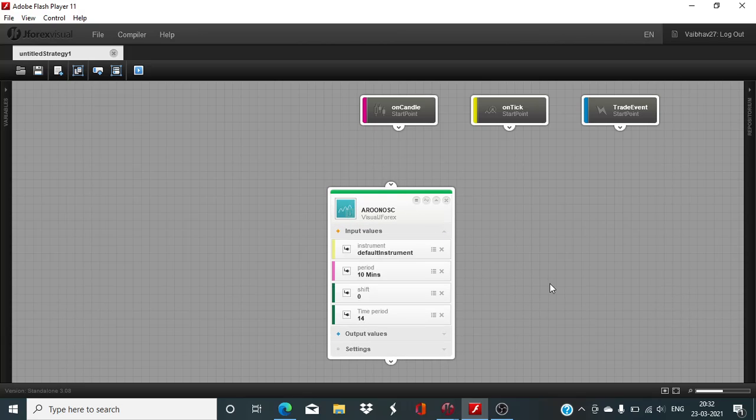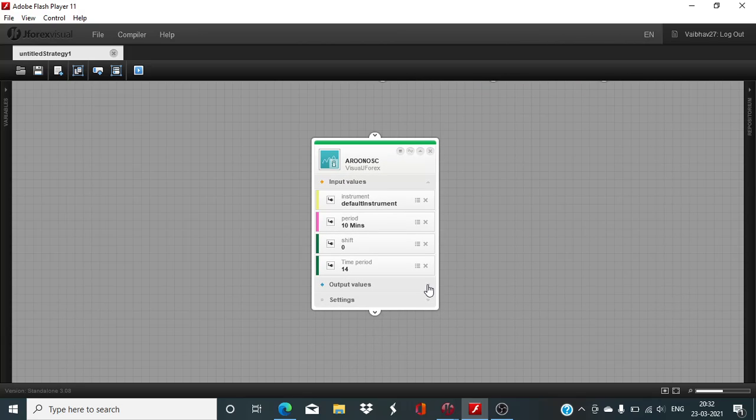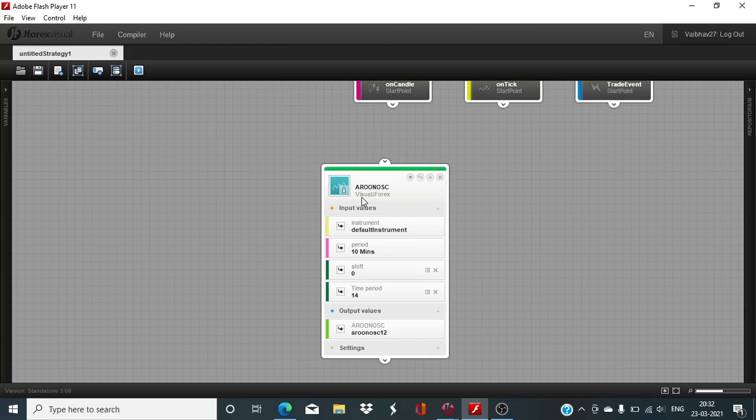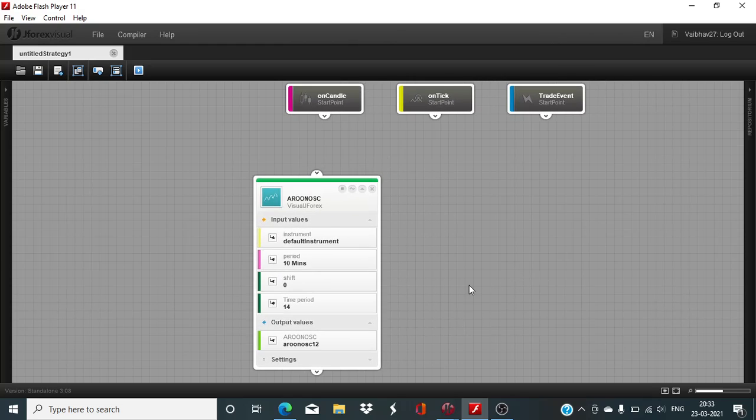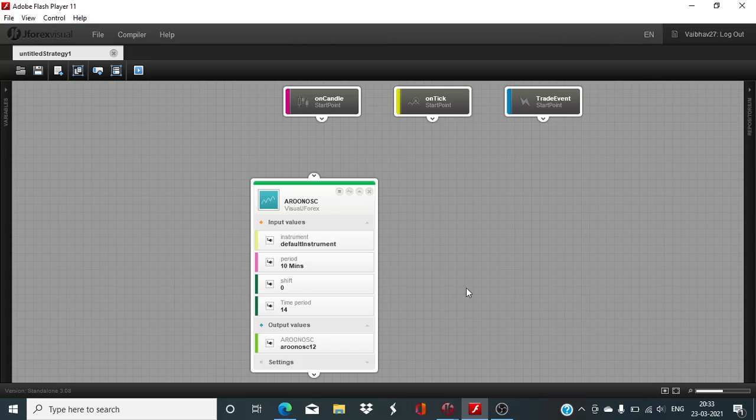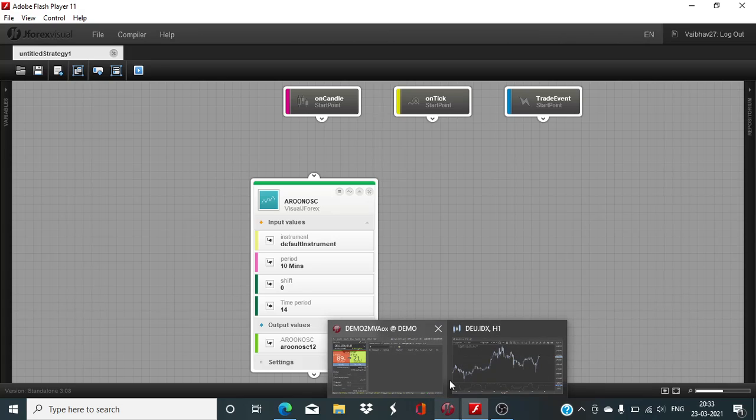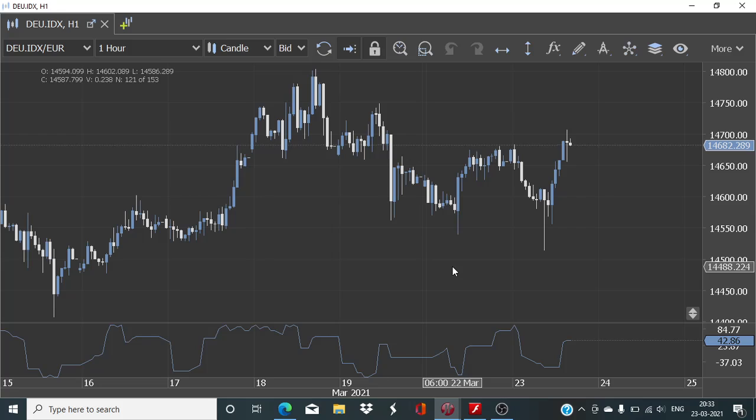We have to define its four input parameters, depending on which we will have this output value. For this oscillator, we have a single output compared to the two output values which we were getting for the Aroon indicator.